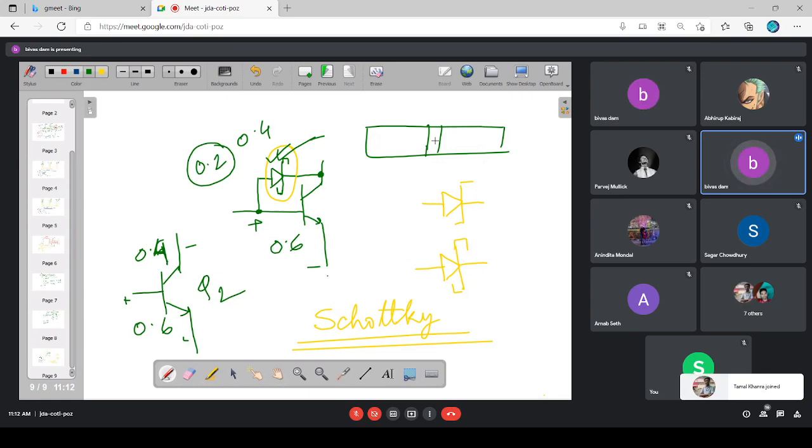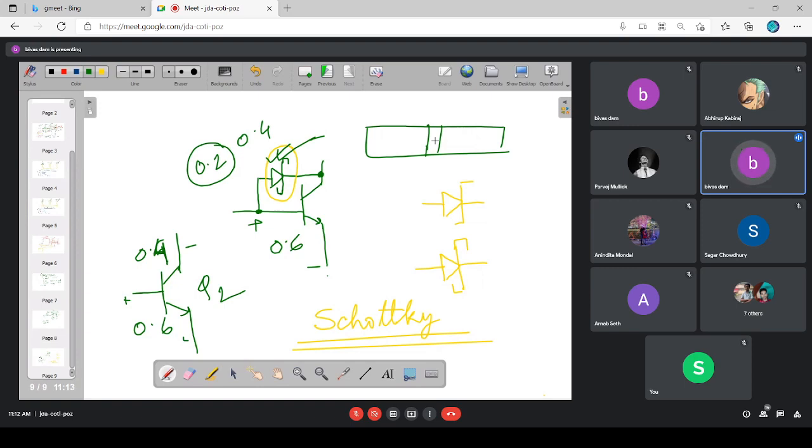So while removing that accumulated excess carriers within the base region, some finite time lapses. If we can ensure that there is no such excess carrier accumulation within the base region, that time can be saved.